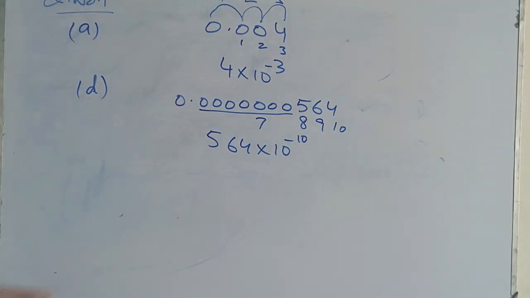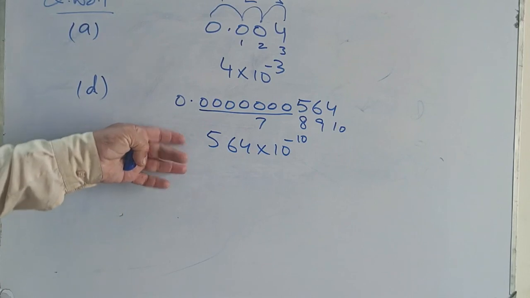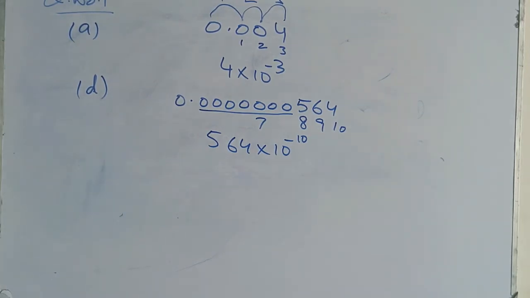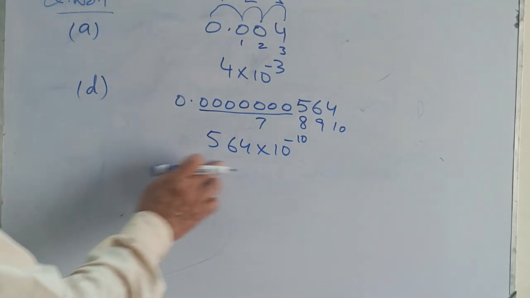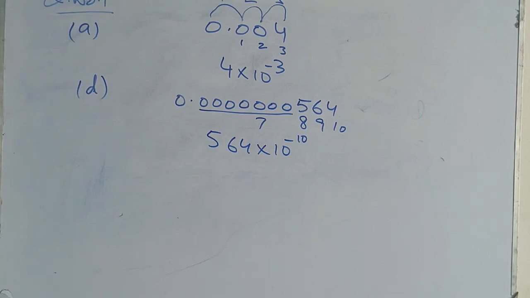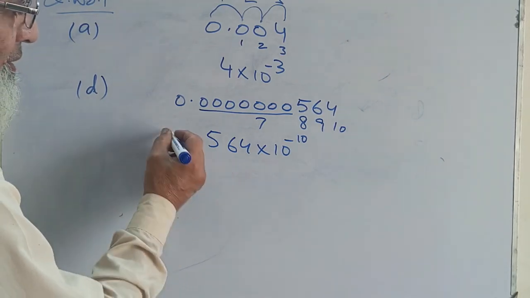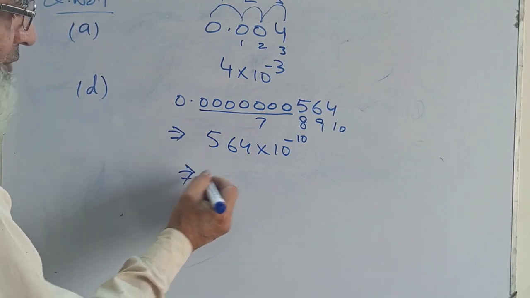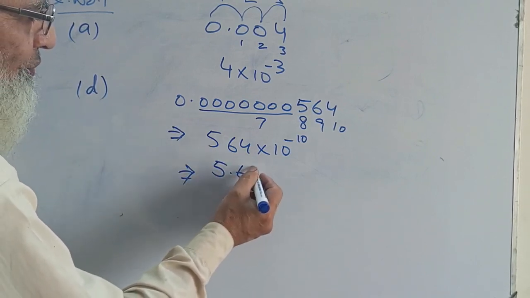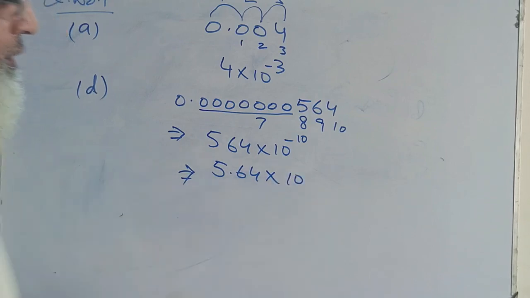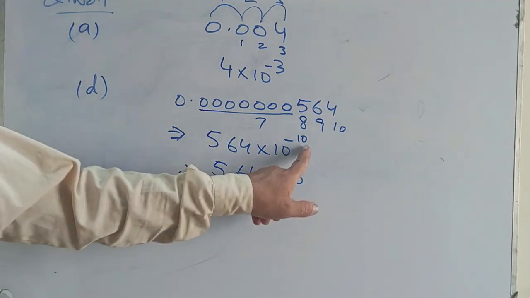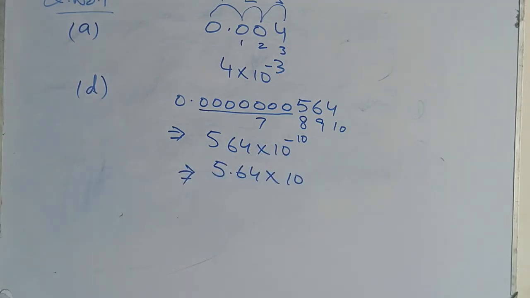But you know that when this sort of thing appears, you don't write all the digits like this. You write it like 5.64 into 10 raised to power. Now you have to consider what will appear over here.